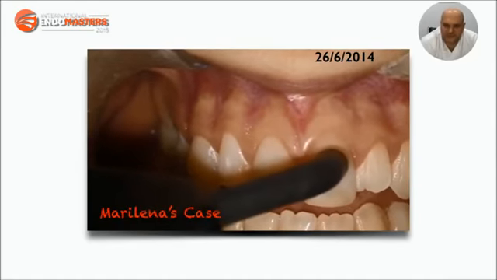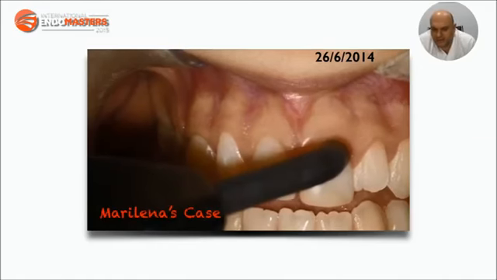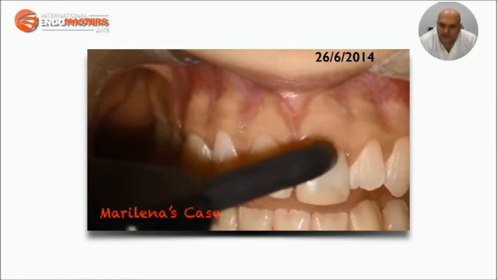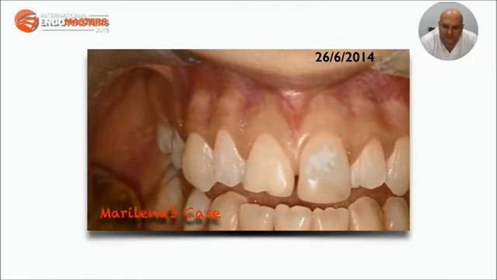Nai in Greek means yes. I don't know how reliable this is, but in little Marlena's case, 4.5 years after the single-step revascularization procedure, I had signs of regaining of pulp vitality.